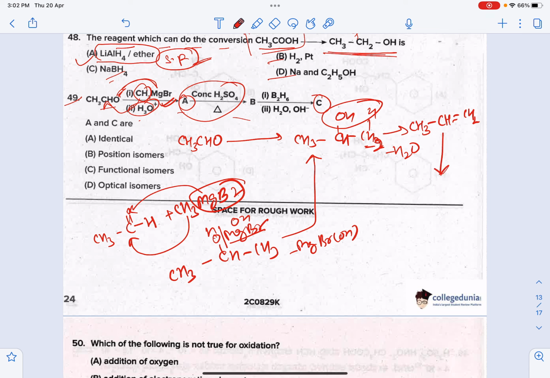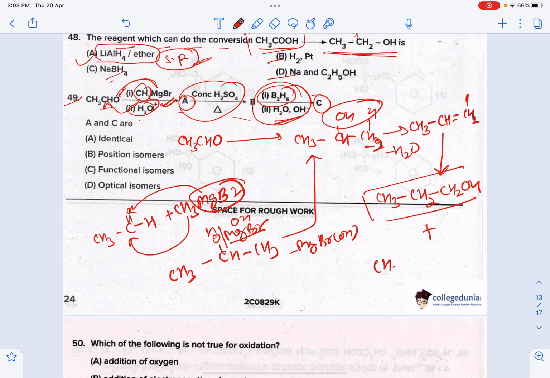Now when this alkene undergoes the hydroboration reaction in the presence of peroxide, a primary alcohol is formed, CH3CH2CH2OH, which is the major product.